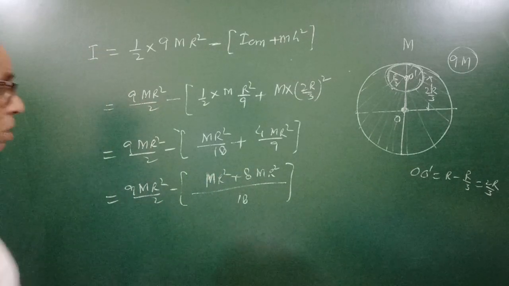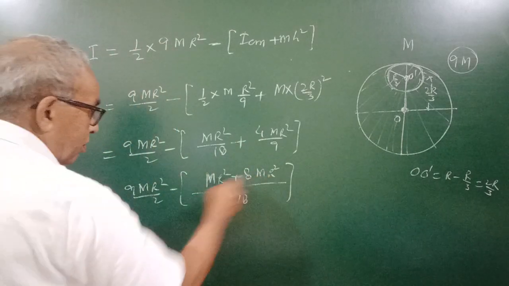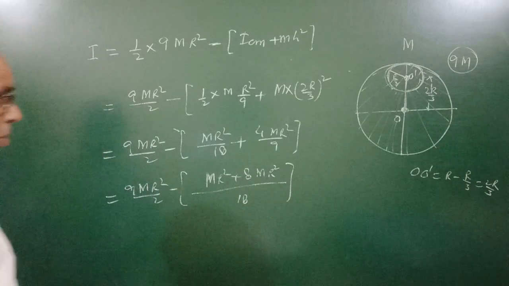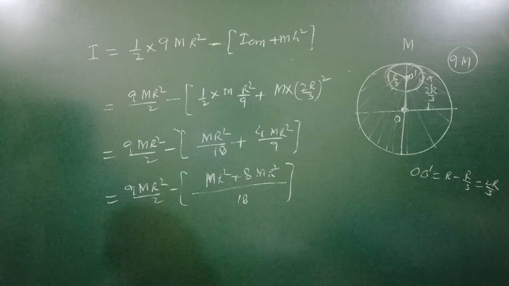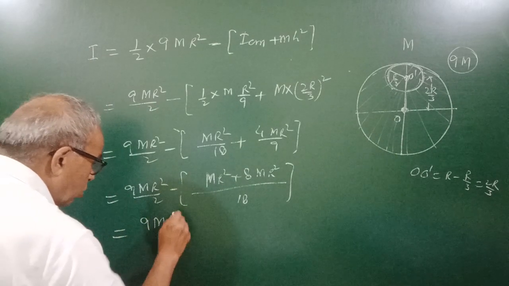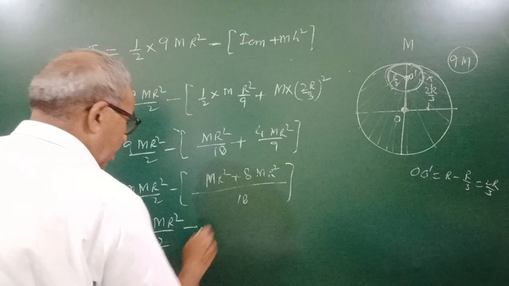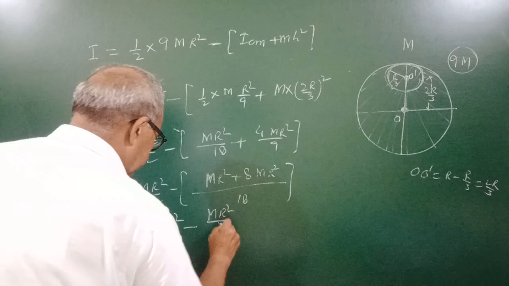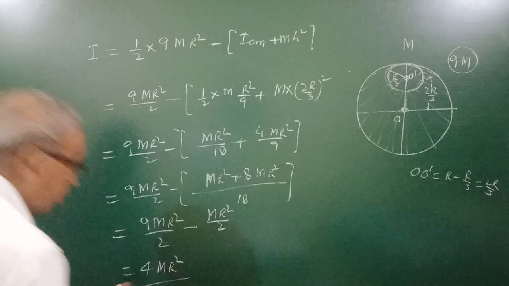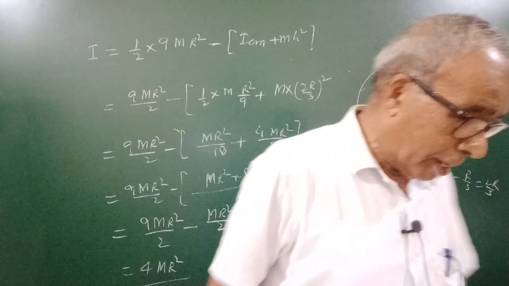Am I right? Nine 2s are 18 and 2 fours are 8. So it is 9mr square upon 2 minus mr square by 2 and 8mr square by 9 simplified, which gives 4mr square.